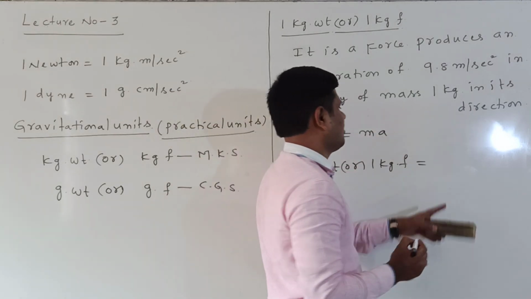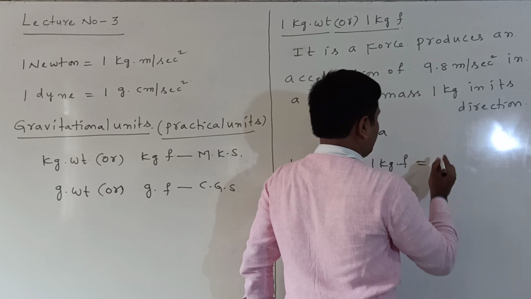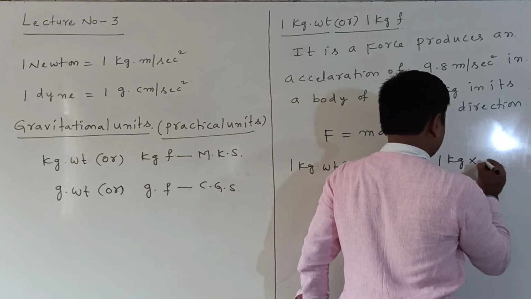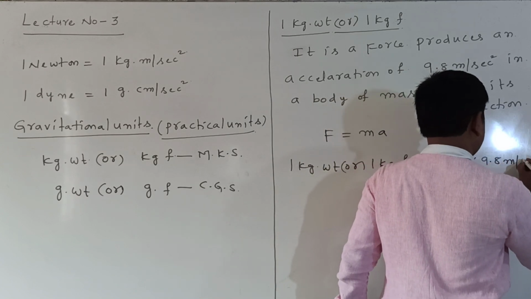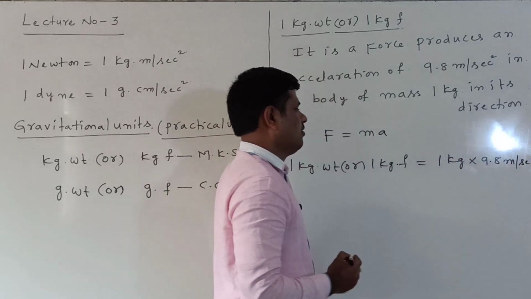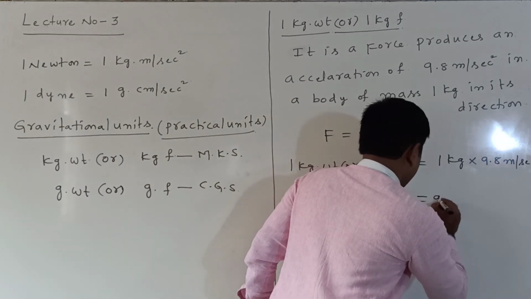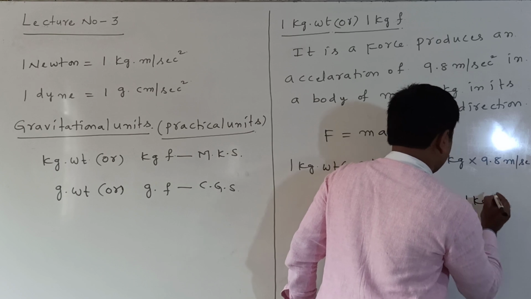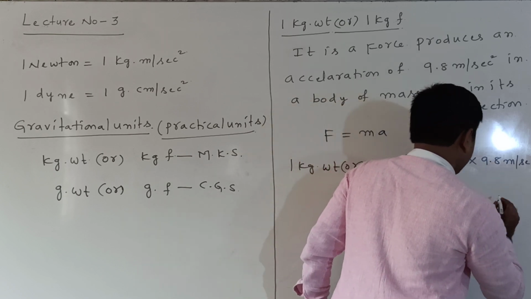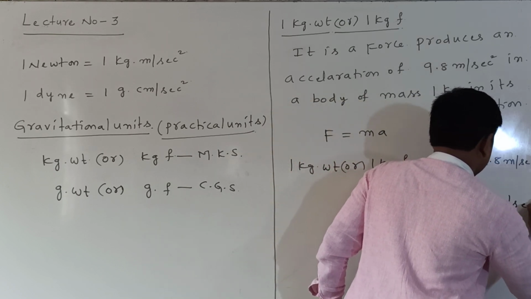How much mass? 1 kg mass. How much acceleration does it produce here? 9.8 meter per second square. Now I write this as 1 kg into 9.8, taking 1 kg outside, into meter per second square.